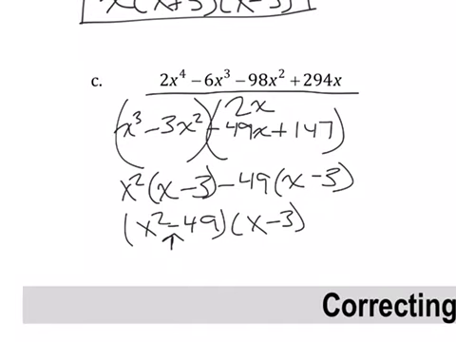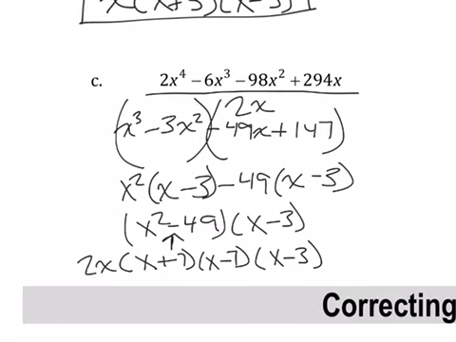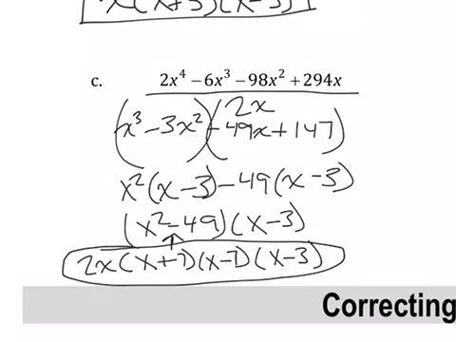So we're going to rewrite that one into x plus 7, x minus 7. That's still multiplying by x minus 3, right? And we factored out at the beginning this 2x, so that's going to have to come down with it as well. So a big, long final answer of 2x times the binomial x plus 7 times the binomial x minus 7 times the binomial x minus 3.